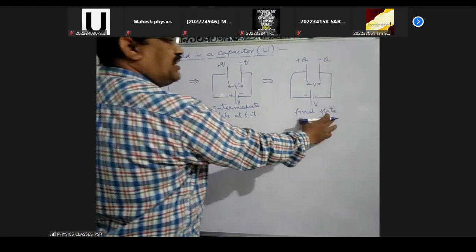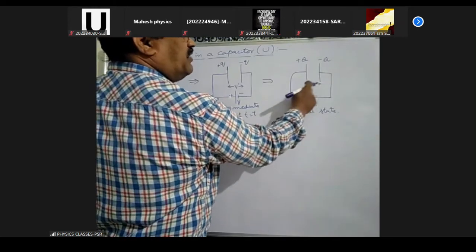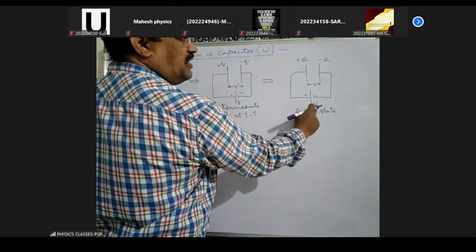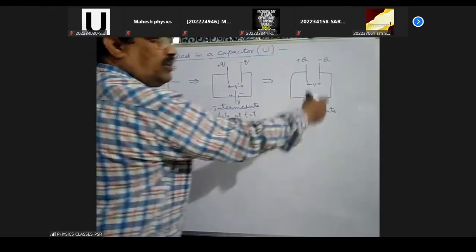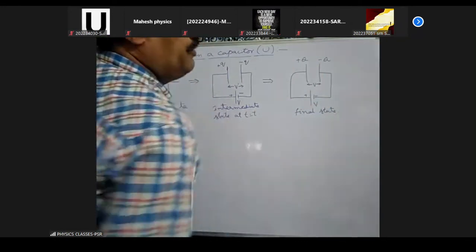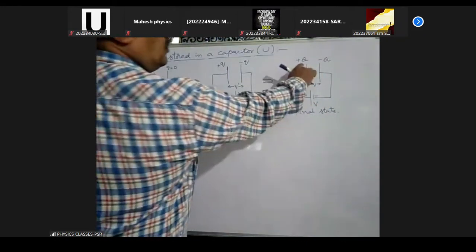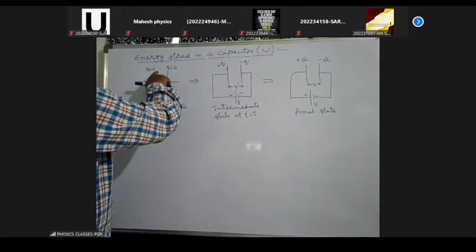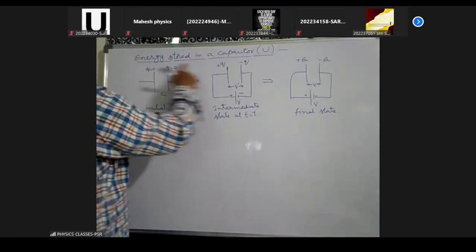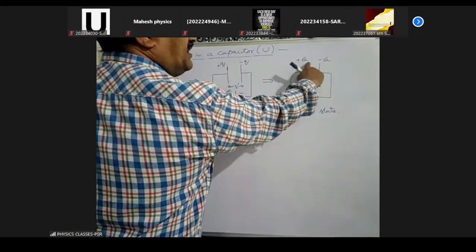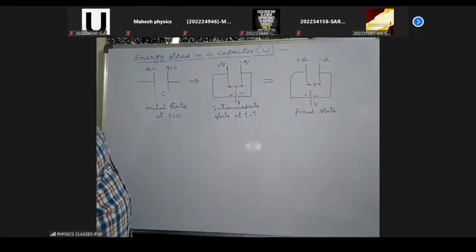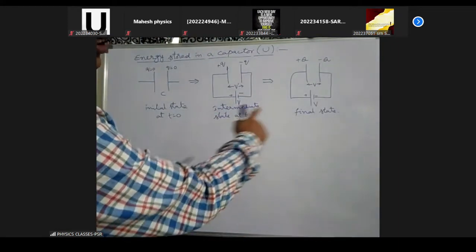In the final state, the potential difference between the plates V is equal to the applied voltage V. So the initial charge on the plates is 0, and the final charge is capital Q. Is it clear? Or any doubt in this process?